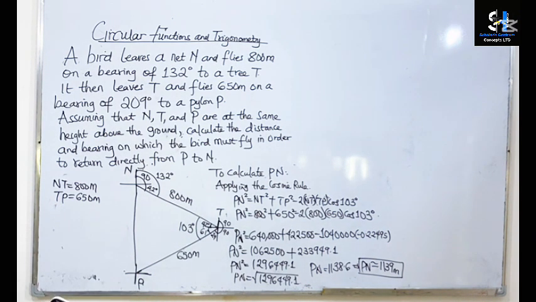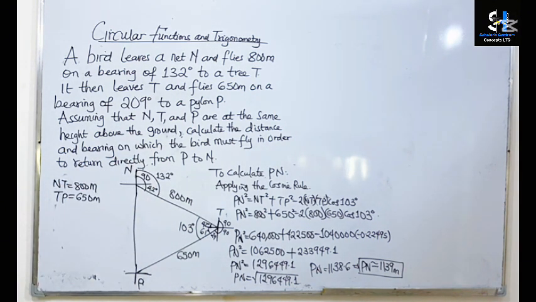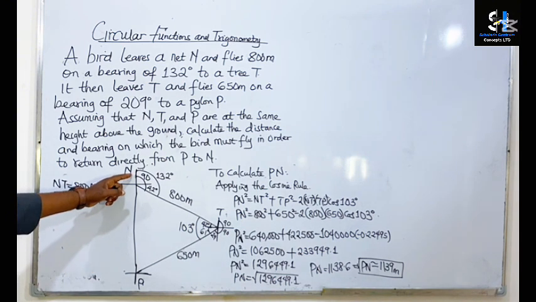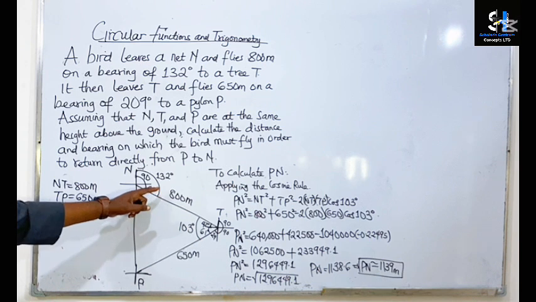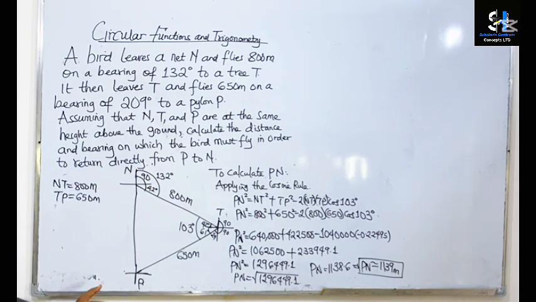Now we want to find out the bearing on which the bird must fly in order to return directly from P to N. So we know the bearing from N to P is given, and the direction will be towards the north.